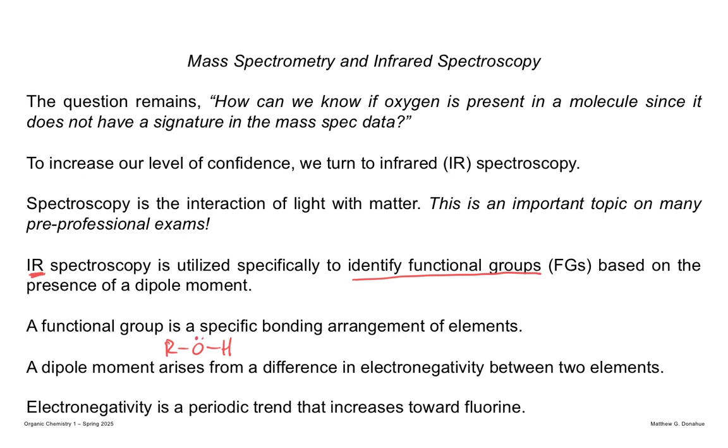We know that oxygen has 2 bonds, 2 lone pairs. And based on the difference in electronegativity of the elements, we can say that the oxygen will be delta minus and the hydrogen delta plus.